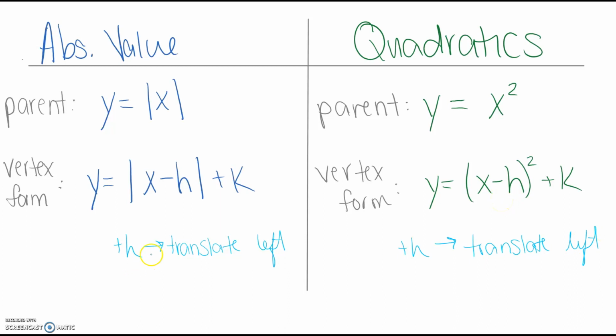So even though it's positive, you might think right, because it's h, it's going to be going the opposite way. So positive h is going to go left, minus h is going to go right. Make sure you use the vocab word translate. If you don't use the vocab word, you will lose half a point on your quiz.